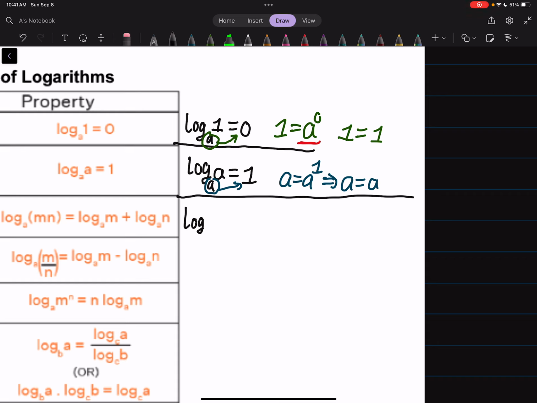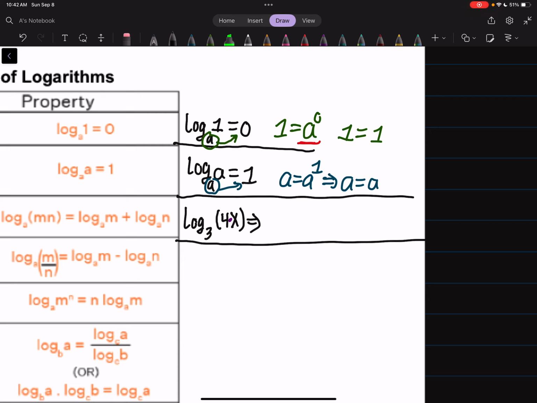Let me erase that line just to make it a little bit easier for you to see. Log base 3. And what I'm going to be given initially is 4x. It is imperative that we see this as not just 4x, this is 4 times x. We understand that there is an invisible multiplication symbol in between the 4 and the x here.